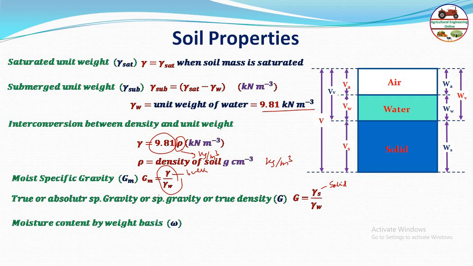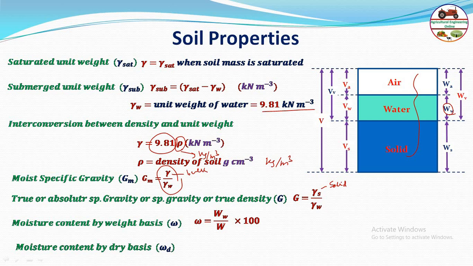Then moisture content by weight basis. Moisture content is the moisture held by the soil, which is equal to, let omega be the weight of the water in the soil, divided by the total weight of the soil, into 100.